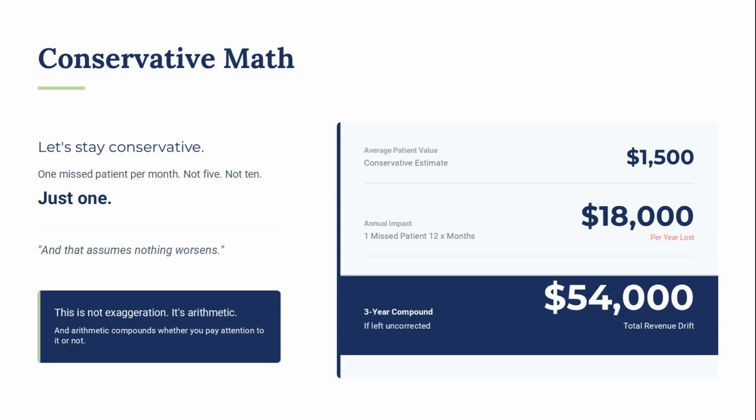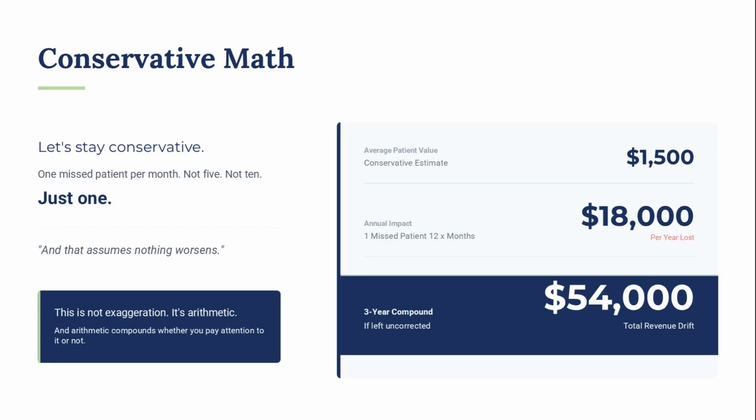Let's keep this simple and conservative. Not 5 patients, not 10, just 1. 1 missed patient per month. At an average patient value of $1,500, that's $18,000 per year. Not projected. Arithmetic. Now extend that over 3 years without correcting the system. $54,000 from 1 missed opportunity per month.